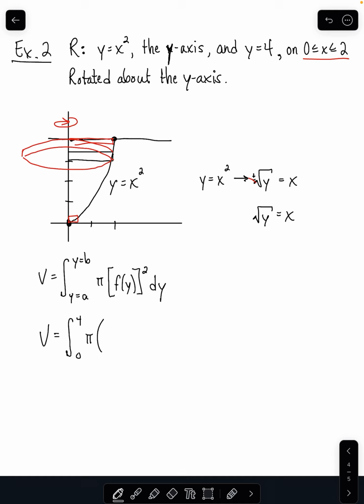Our function of y is the square root of y. And this is actually fairly straightforward then. Like in the previous example, we can bring the pi in front of the integral. When we square the square root of y, we end up with just y, the antiderivative of which, of course, is y squared over 2.